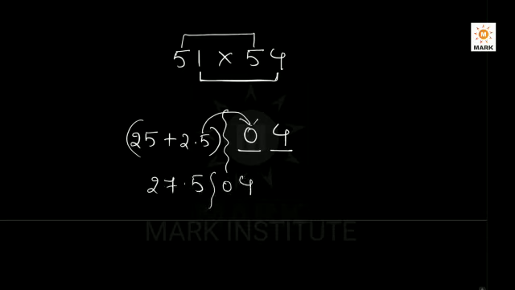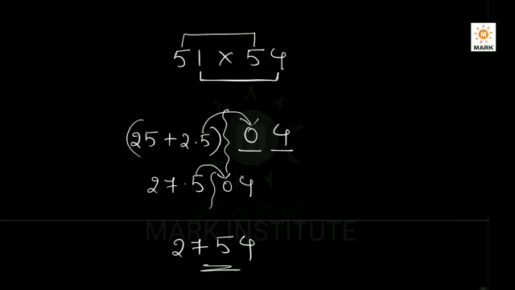You are getting 27.504 like this, so you can replace 0 with 5. That means continuously you can write 2754 as the answer. This 5 you can shift into the right part.